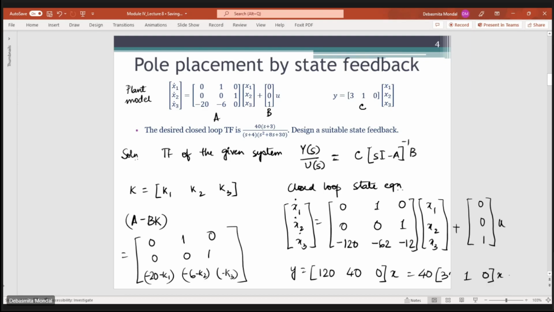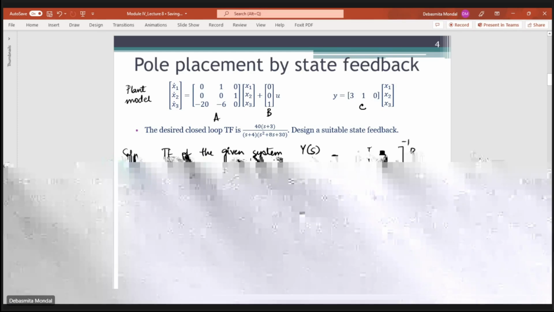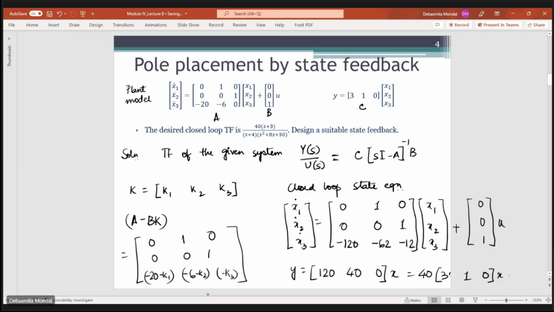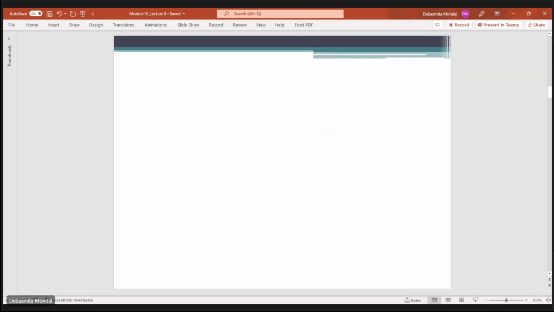So this is the A minus BK matrix that you are getting from the state feedback, and this is the actual or the desired one. What you can do is simply compare these two matrices. You see that the first two rows are the same. The only difference is in the third row. So you can compare each element on the third row, and you will be able to find out the values of K1, K2 and K3.